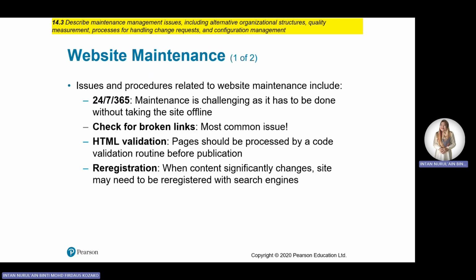And then website maintenance. Maintenance of web systems include checking for broken links, validating HTML and also re-registering site. Kadang-kadang website tu tak updated, so you kena updatekan barulah dia boleh appear dekat dalam page tu.